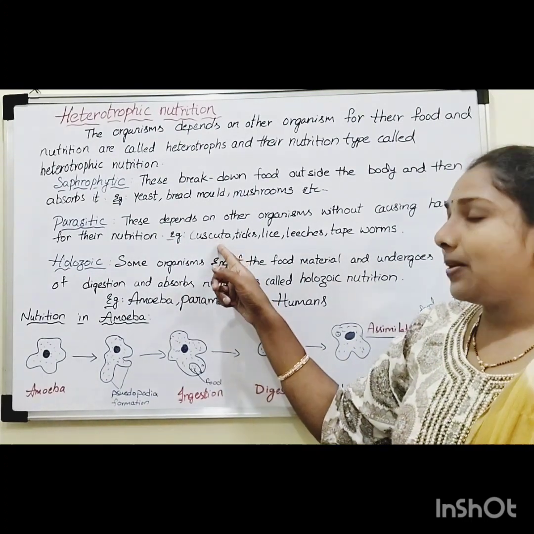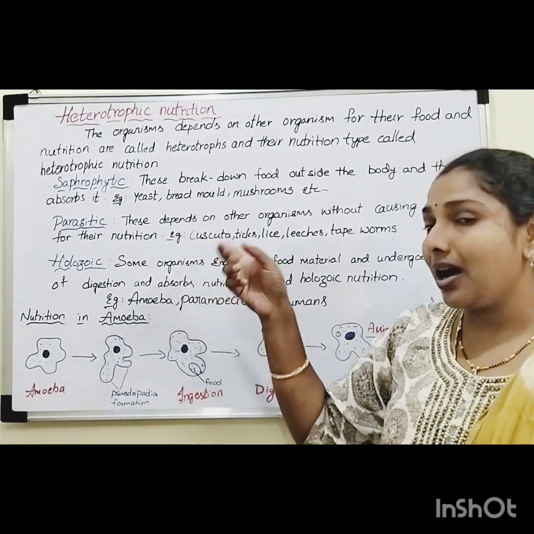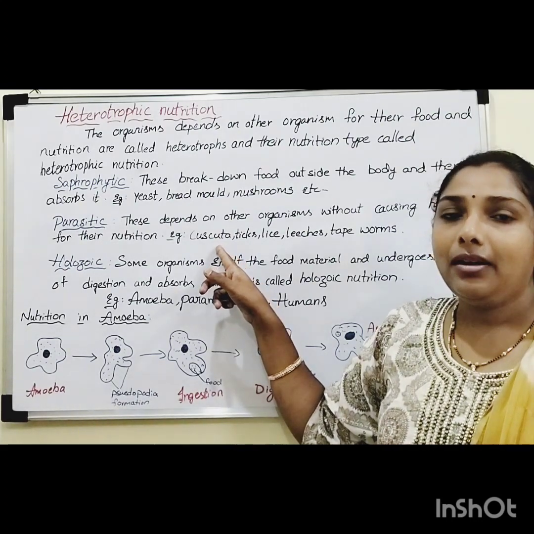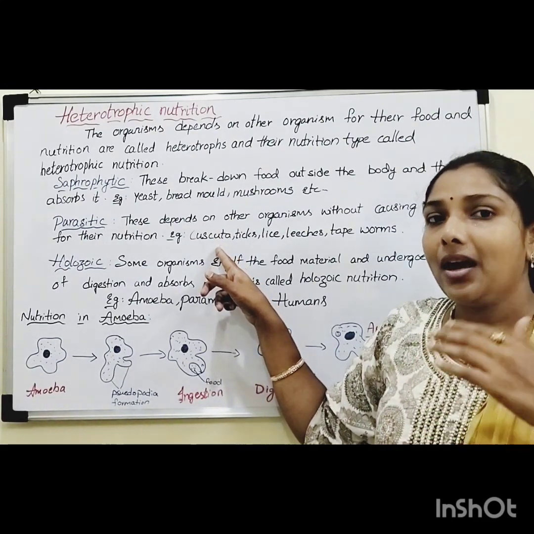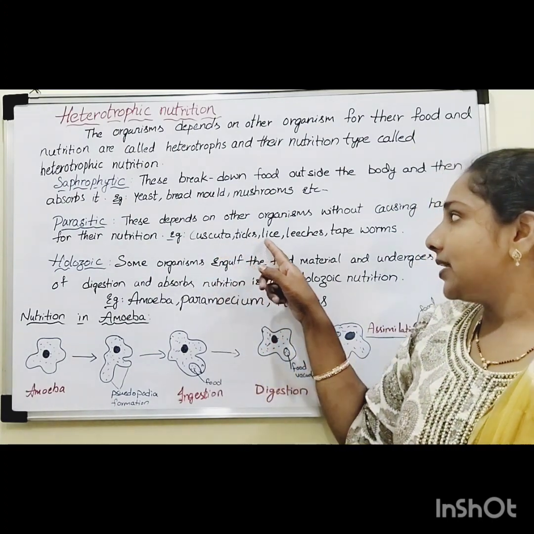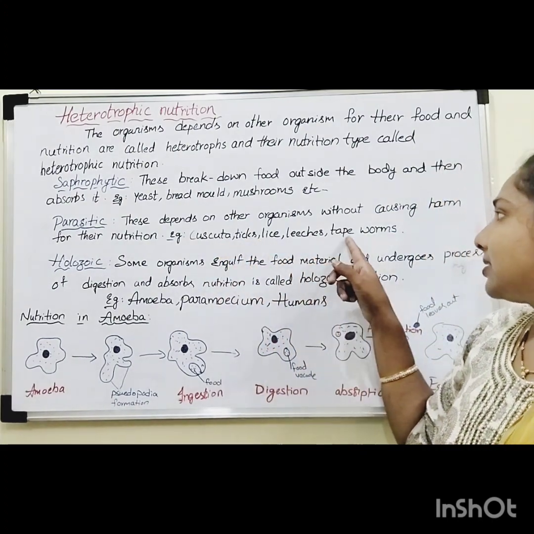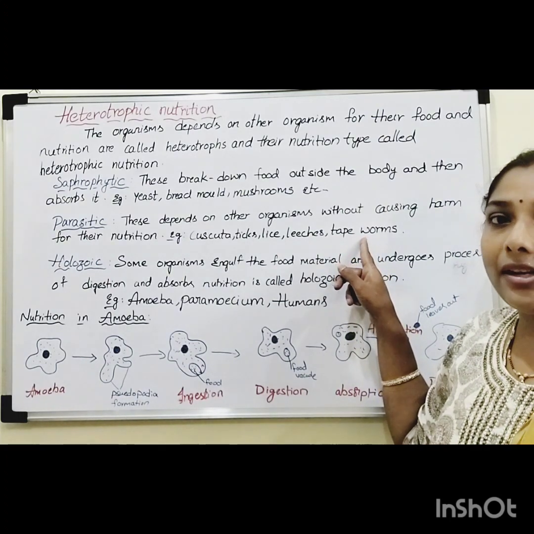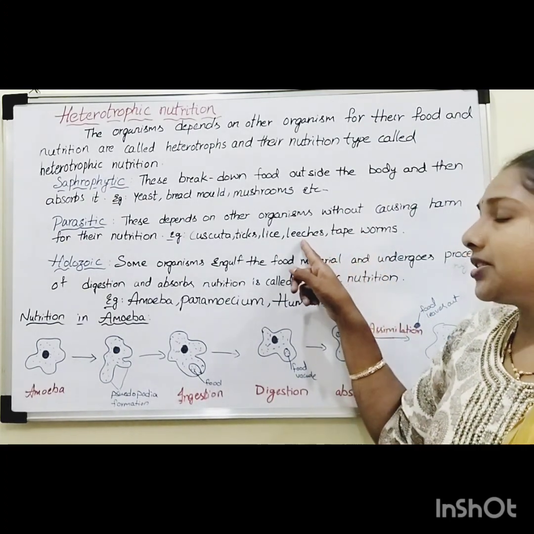Suppose cuscuta is a plant which grows on other plants and absorbs water and food materials from higher plants. Next, lice, ticks, leeches, tapeworms. Tapeworms, what are tapeworms? These are intestinal worms. Leeches, you know.